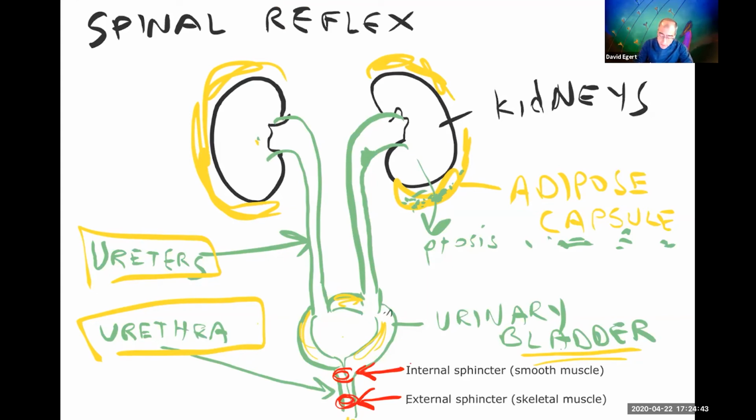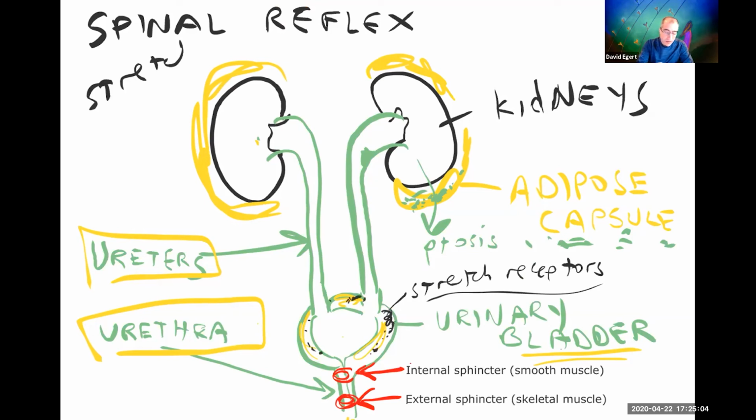You have stretch receptors in the wall here. Those are going to detect the stimulus. The stimulus is going to be stretch of the bladder wall. As the bladder wall stretches, it talks to your spinal cord, this is a spinal reflex, just like the stretch reflex with your knee.